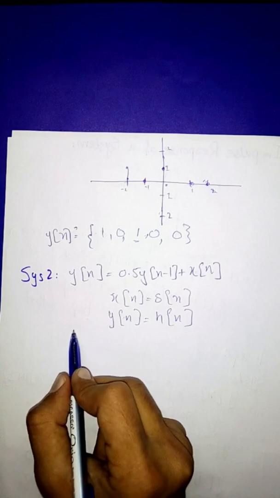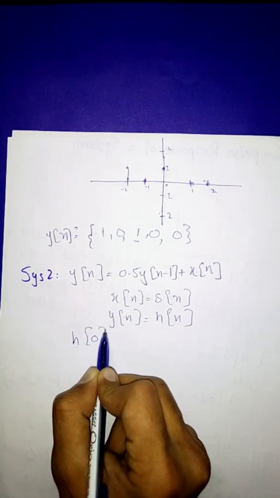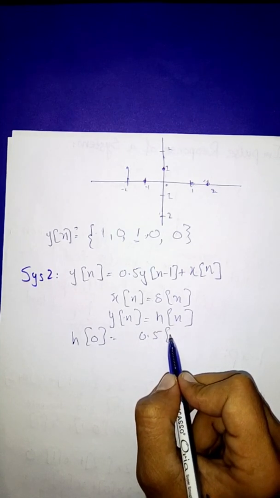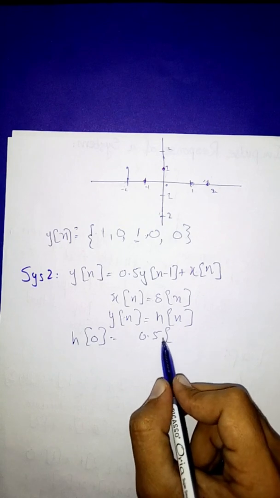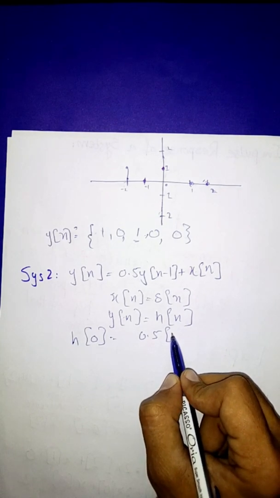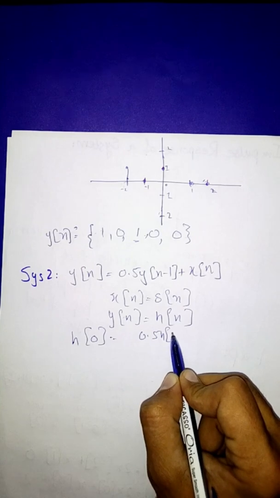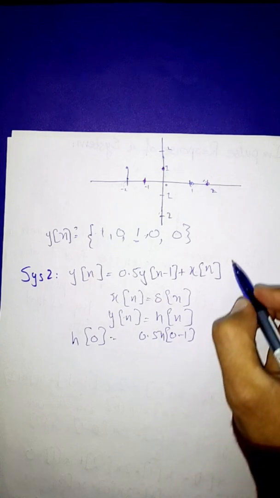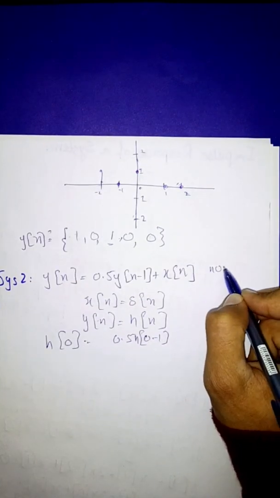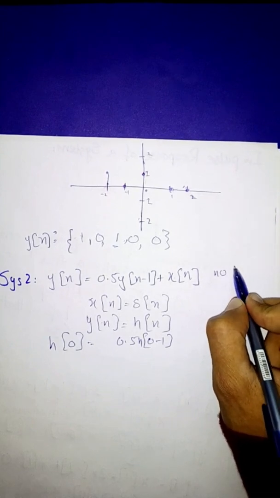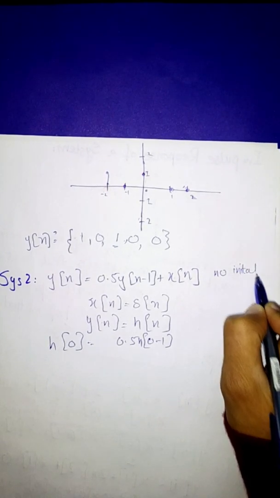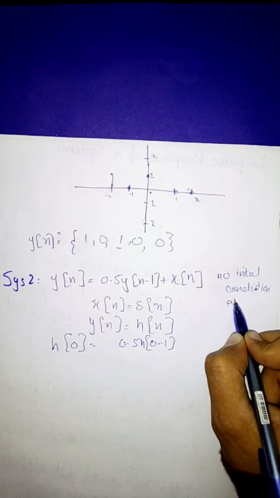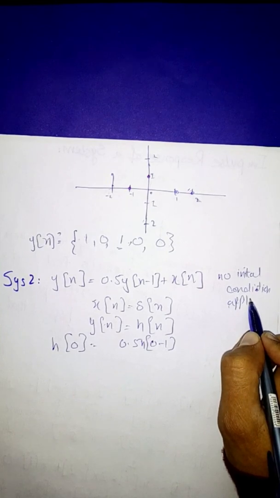So when we solve it, we will get something like this: h of 0, this will have 0.5 h of 0 minus 1, and we will consider it with no initial conditions applied, in relaxation state.